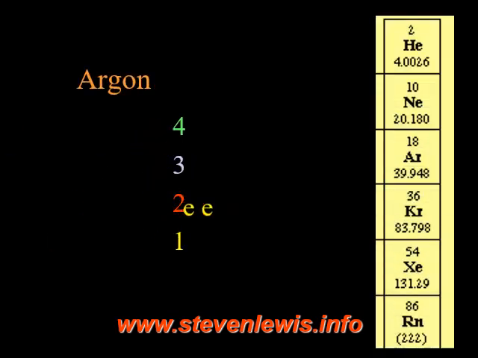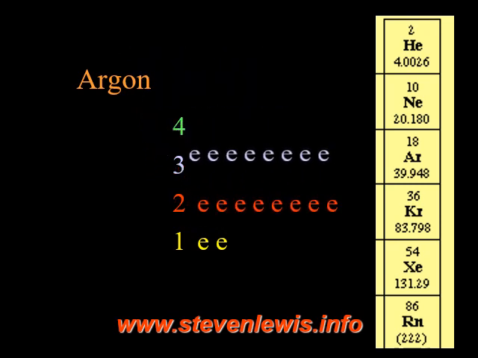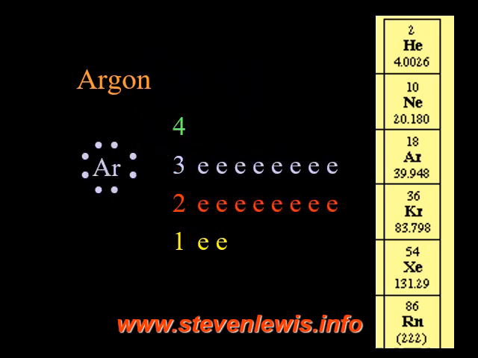A third member of this group is argon. Argon is element number 18, so it has 18 electrons around the nucleus. We put 2 electrons on the first floor of our electron hotel, 8 electrons in the second floor, which leaves us with 8 more electrons for the third floor.